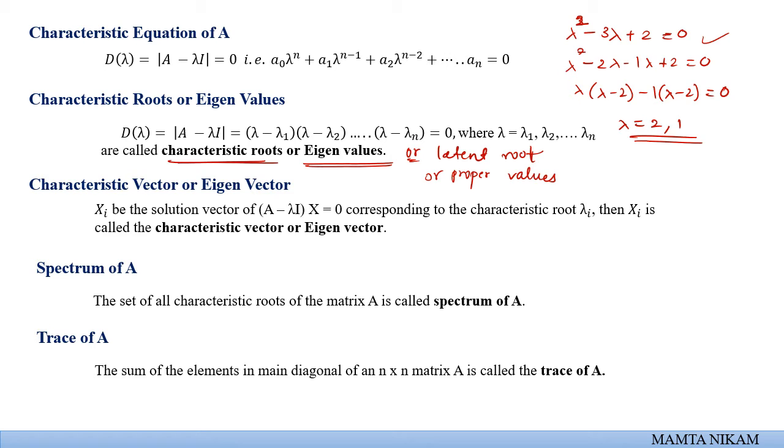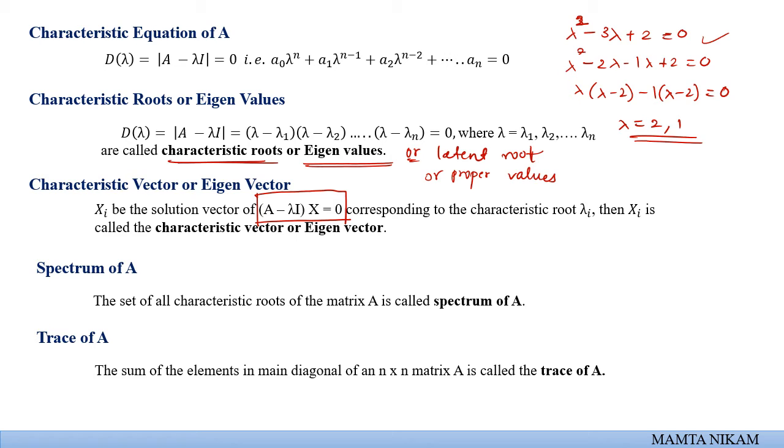Right? So now once we obtain these characteristic roots, we will make use of our matrix equation: A minus lambda I into x equal to 0.